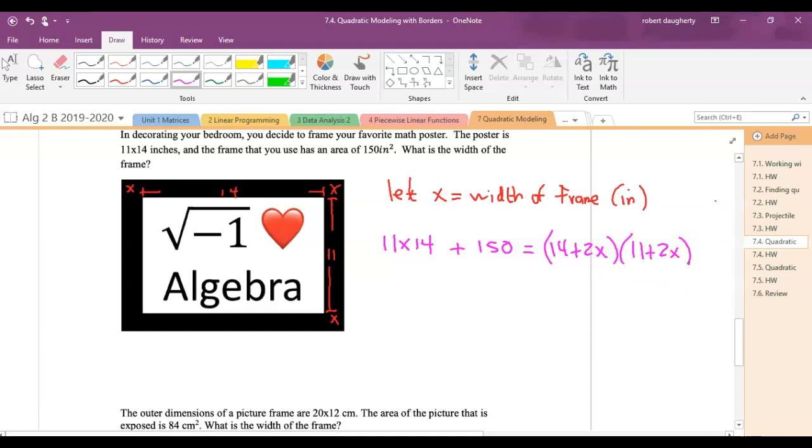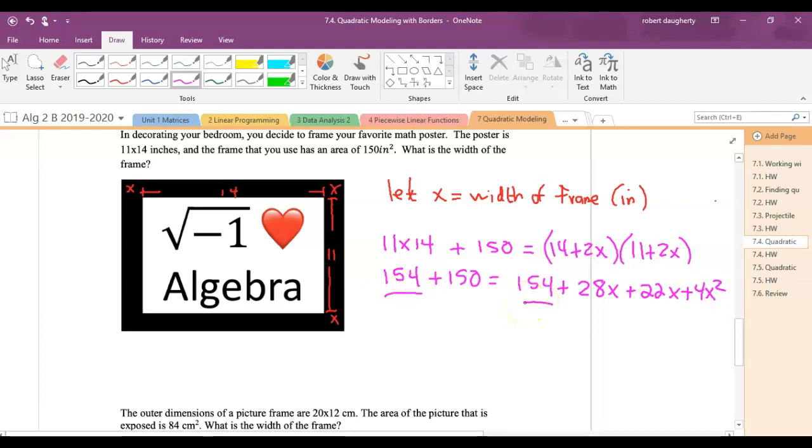So what is 11 times 14? So 154 plus 150 equal to, now I'm going to FOIL that right side. So 14 times 11, that's 154 plus 28x plus 22x plus 4x squared. Now to simplify this, I've got this 154 on both sides.